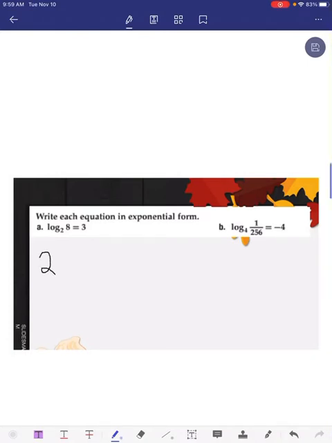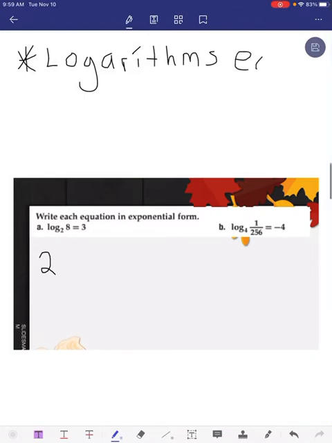So I have 2. And then a key thing that I'm going to repeat a lot is that logarithms equal exponents.